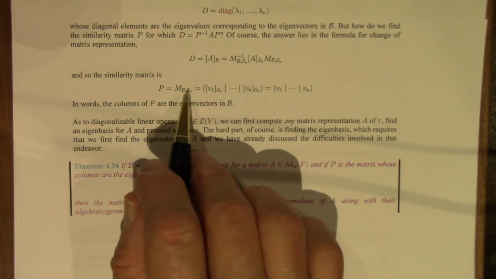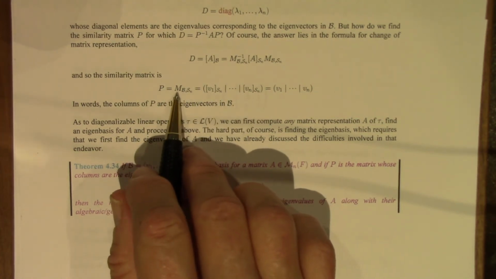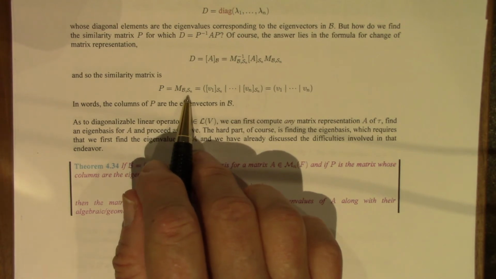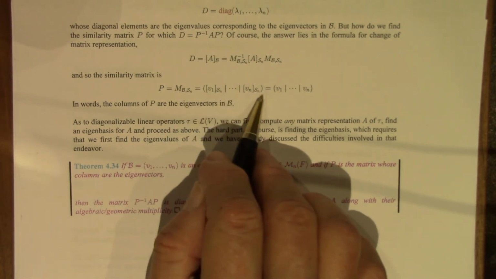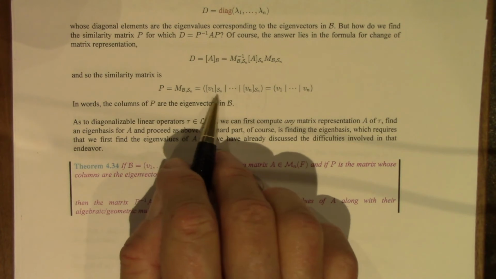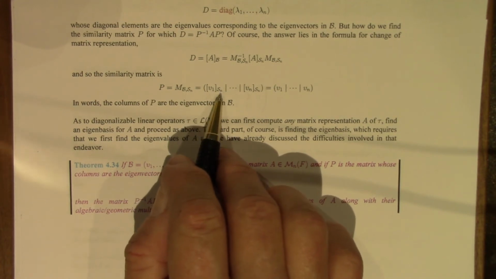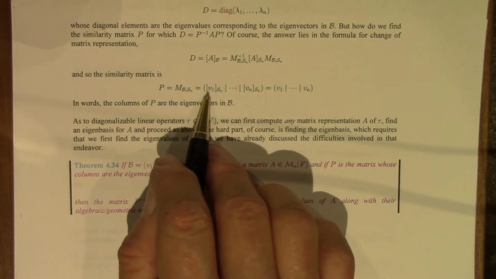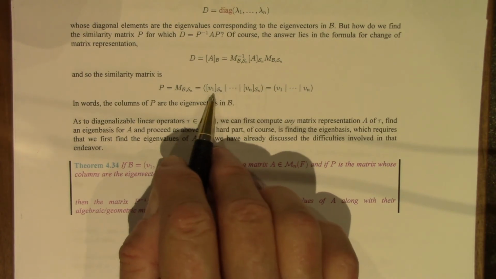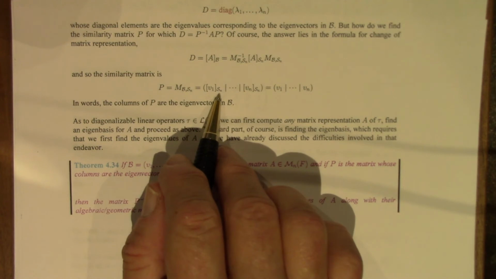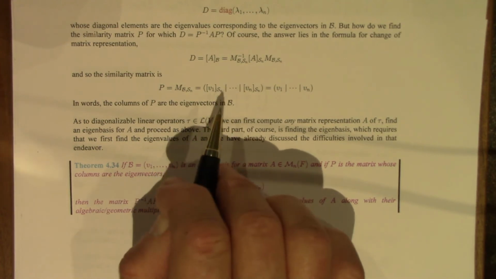And by definition of the change of basis matrix, its columns are the new coordinate vectors of the old basis vectors. But the new basis is the standard basis.